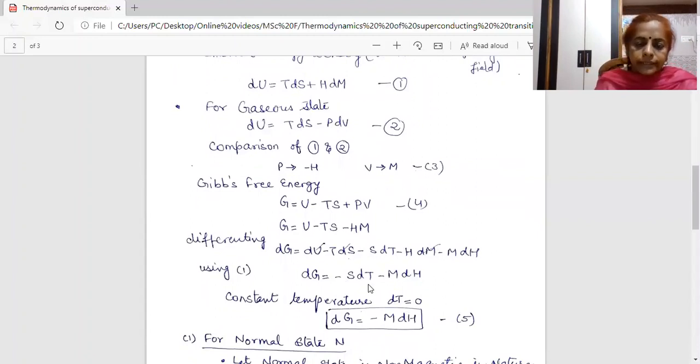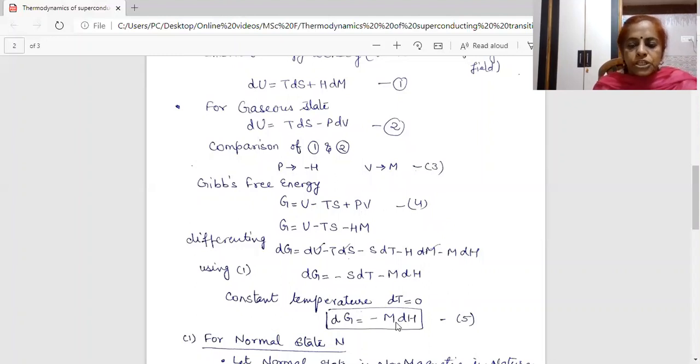Now I am considering that my temperature is constant. For a constant temperature, the variation in temperature is considered to be zero. That means putting dT to be 0, I got dG equals minus M dH.